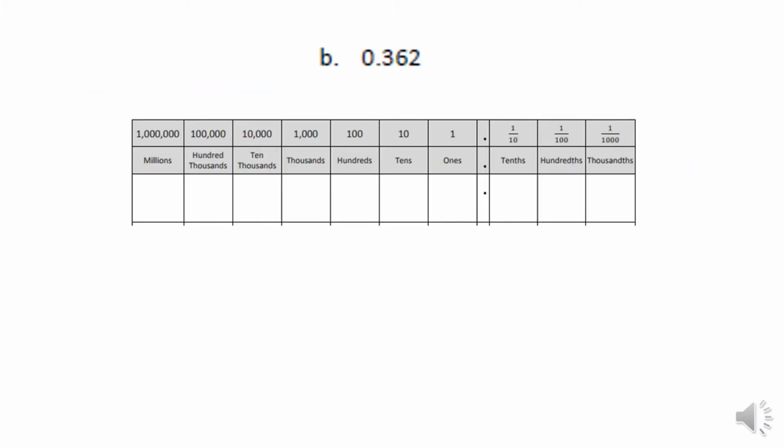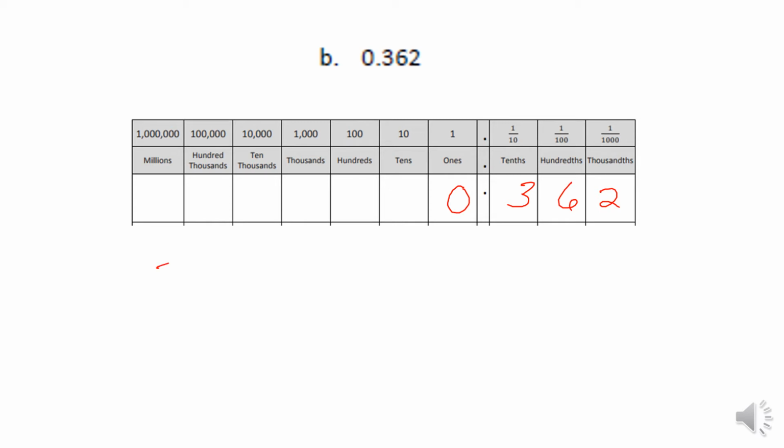This time, we're still using our place value chart, and I'm going to plug the number into it. We're going to write this in expanded form. When we're writing expanded form, we're basically going to take the digit that's in the place value times the place value. The 0 we really don't have to take care of, but the 3 we do.